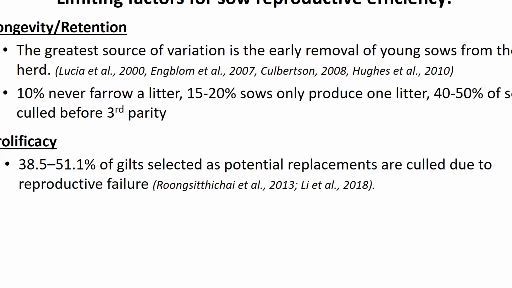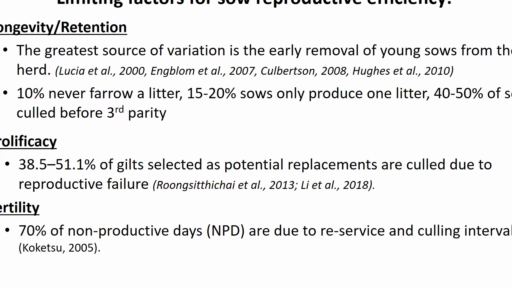When we look at prolificacy, data would say about 40 to 50% of gilts selected as replacement gilts are culled due to reproductive failure. And when we look at fertility, about 70% of non-productive days are due to reservice and culling intervals.